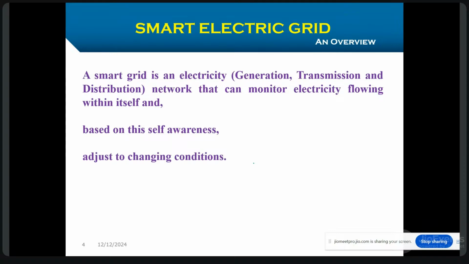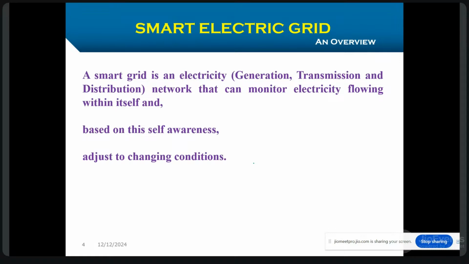All right. So we have the generators, we have the loads, and we have a network that connects these generators and the loads. That was our conventional grid. The smart grid has all these constituents. In addition to that, the smart grid should know what is happening within itself.